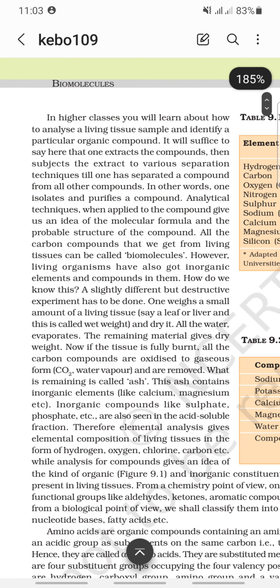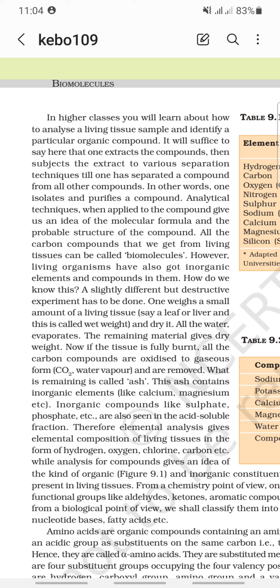In higher classes, you will learn how to analyze living tissue samples and identify a particular organic compound. It will suffice to say here that one extracts the compounds, then subjects the extract to various separation techniques till one has separated a compound from all other compounds.